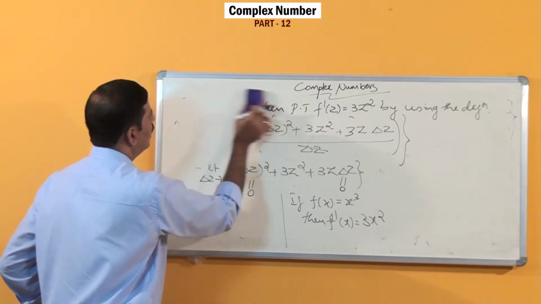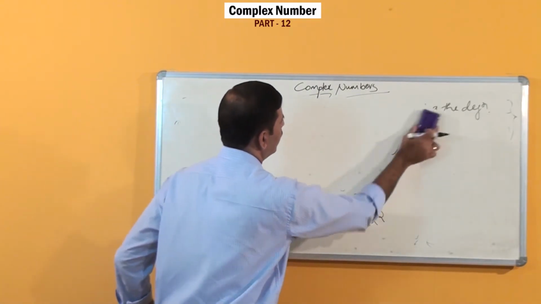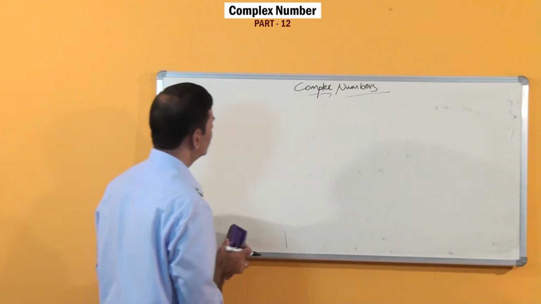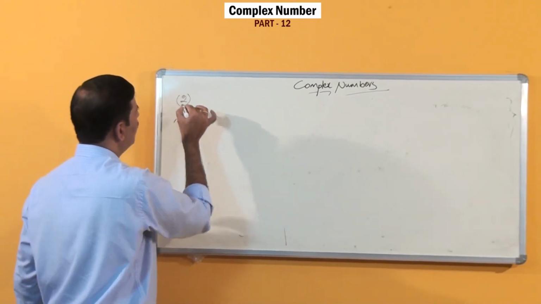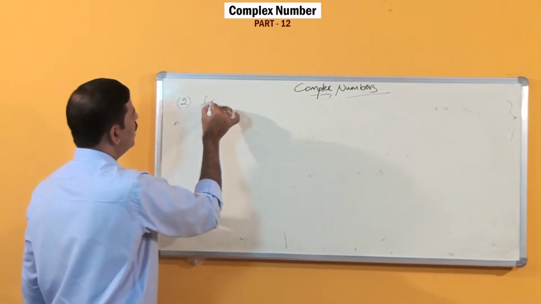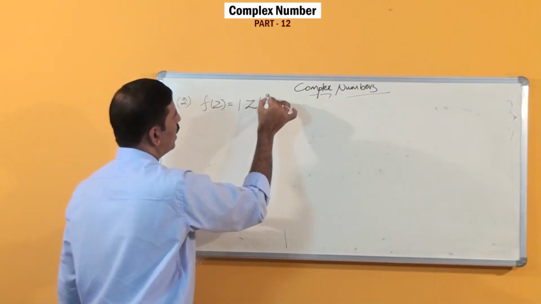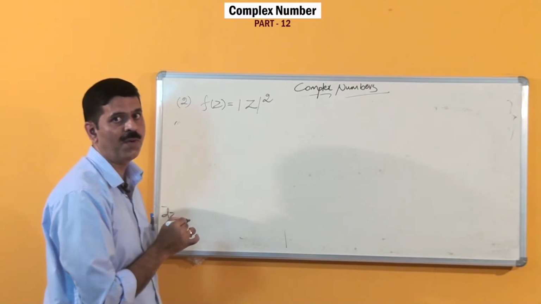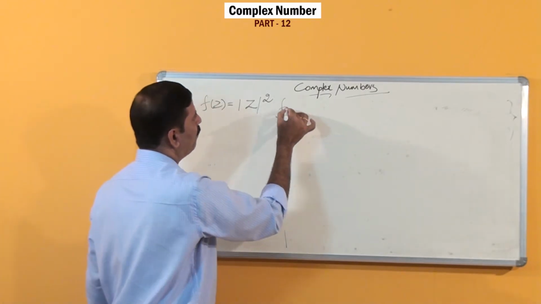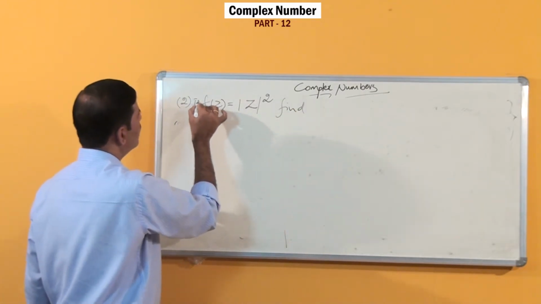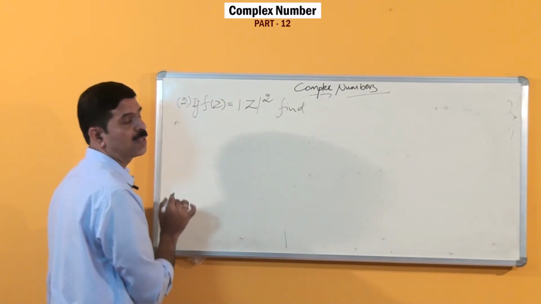Now, let me take another example. Second problem: f of z is equal to mod z square.